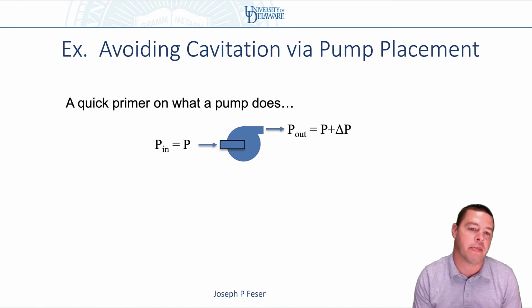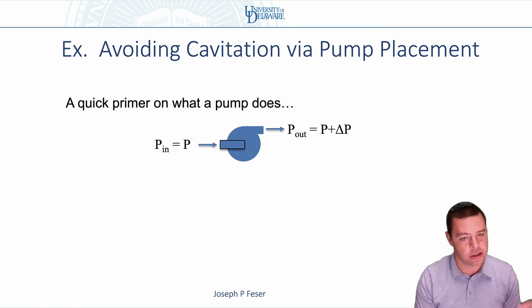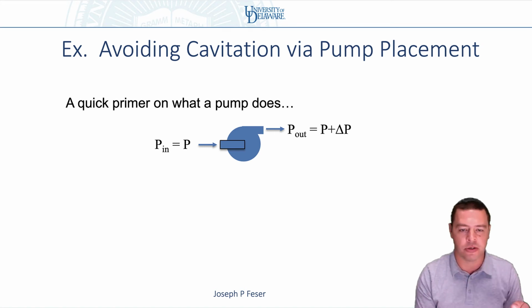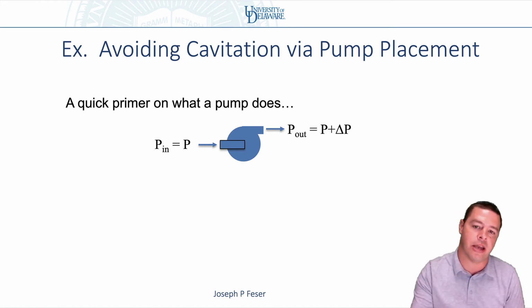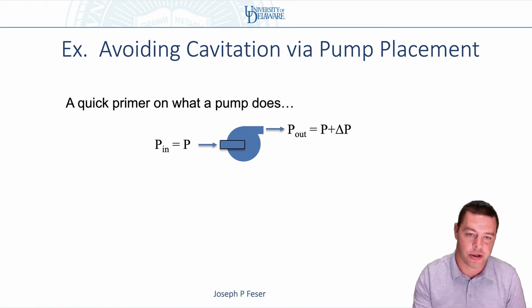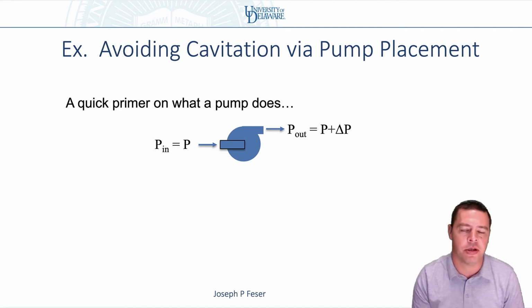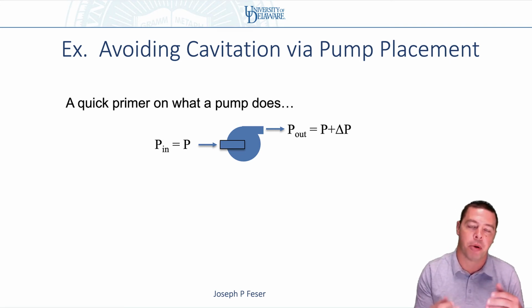But the key thing about a pump is that it raises the pressure of a fluid. There's an inlet, fluid goes into the inlet, and when it comes out the outlet, it has a higher pressure. Let me make sure we're clear about a common misconception. Some people think a pump raises the speed of a fluid.